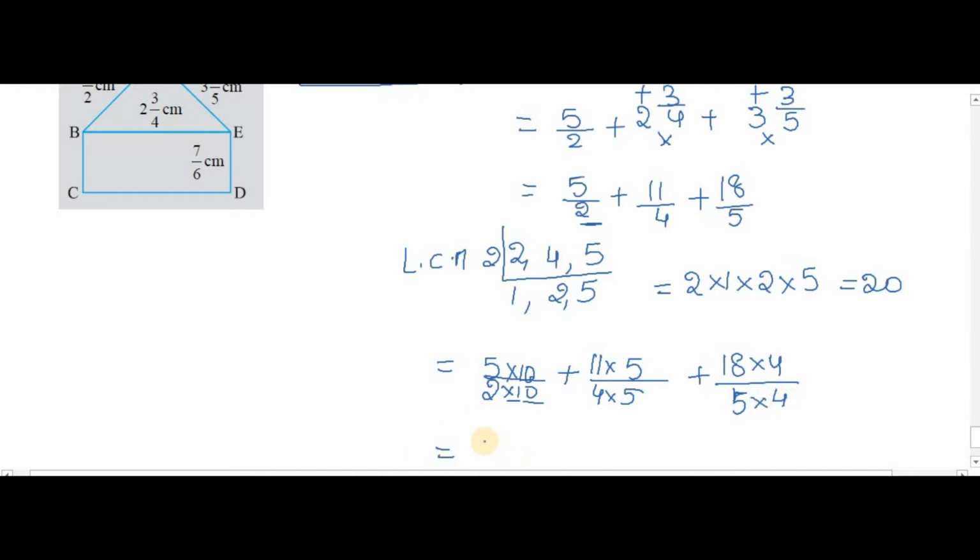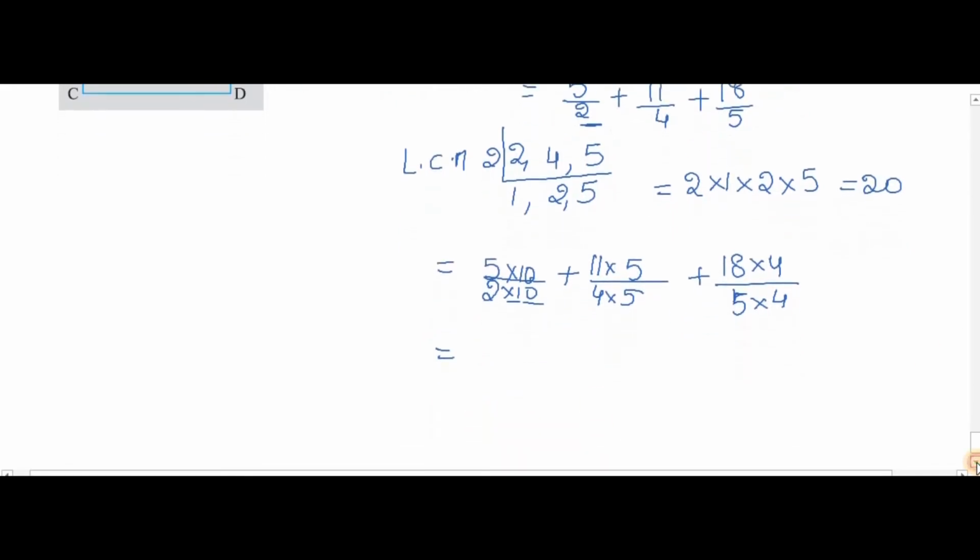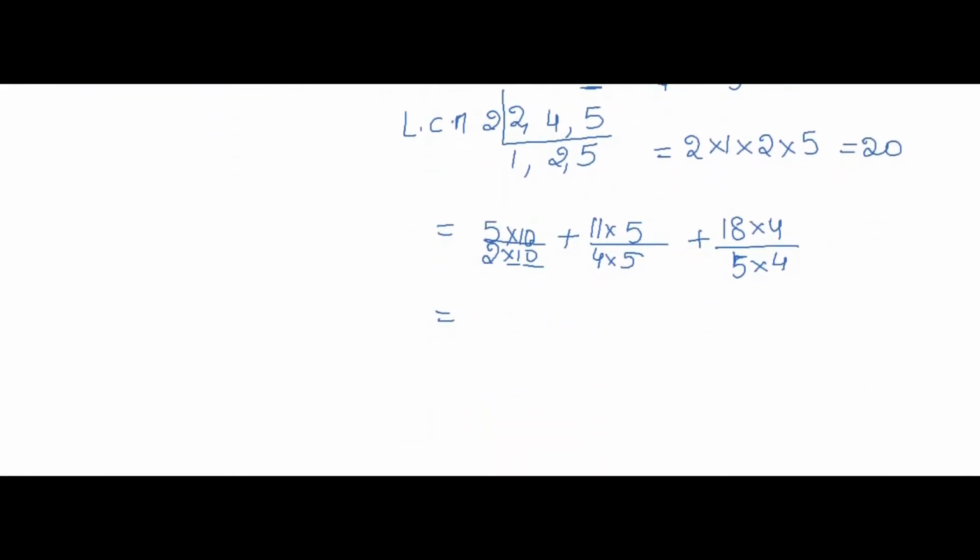Now multiplying numerators and denominators. 2 tens are 20; sorry, we should write that in the denominator. 5 tens are 50 by 2 tens are 20, plus 11 fives are 55 by 4 fives are 20, plus 18 fours are 72 by 5 fours are 20.